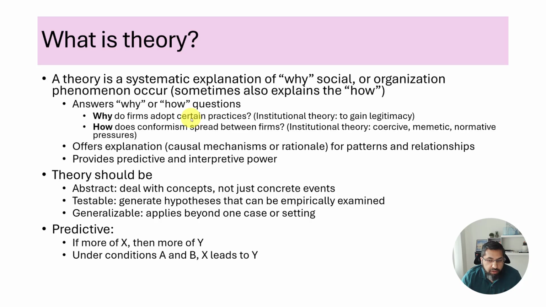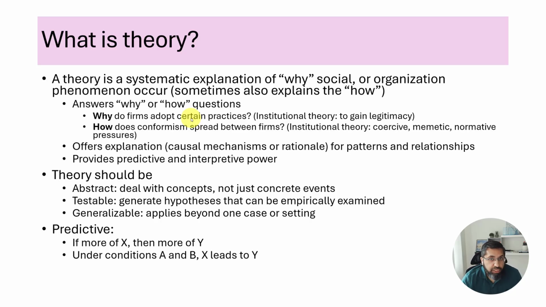But if you raise the level up and you say, disruptions in transportation or disruptions in ability of people to gather, or just supply chain disruptions in general, will lead to firms developing alternative channels for sale. Now that could be a theory because it's dealing with concepts, not a particular situation.